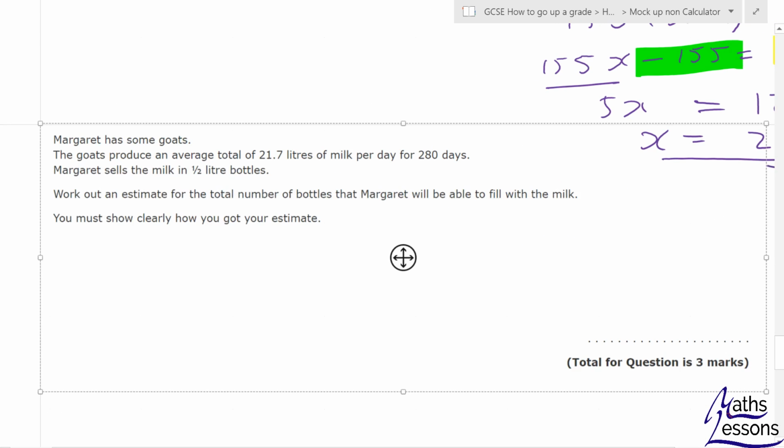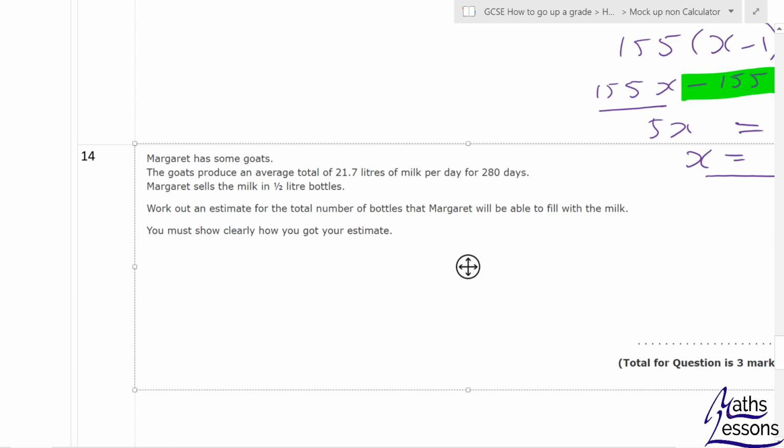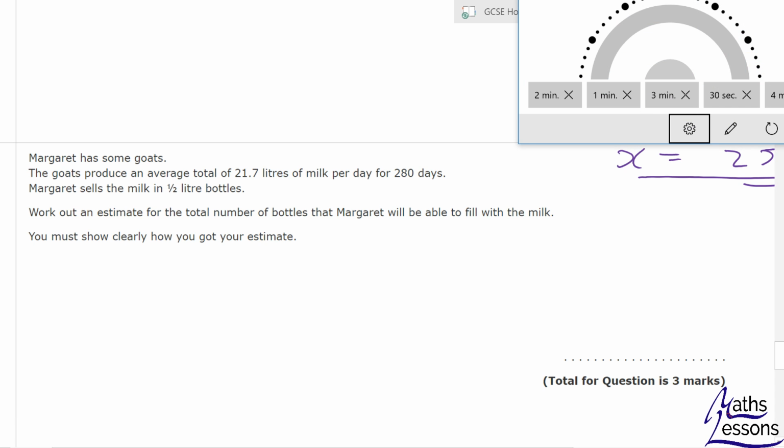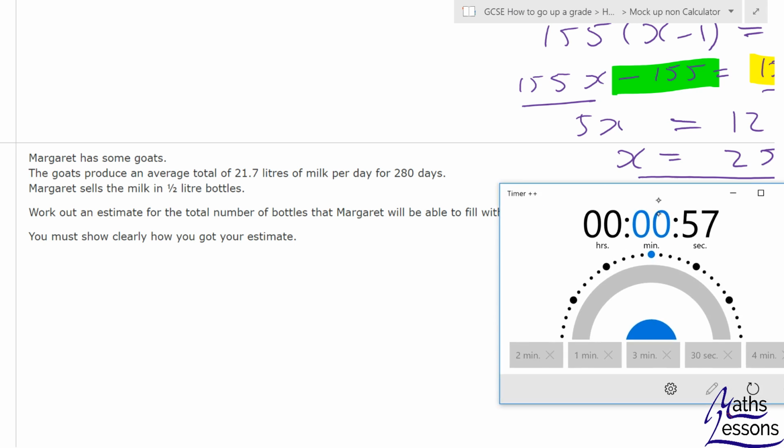Right, this should be a nice easy question. It's not normally this easy at 14, but I noticed there was an estimation problem for you to do at this stage in last year's paper. I'm going to give you just 1 minute to have a go at this one though, remembering it's an estimation problem.